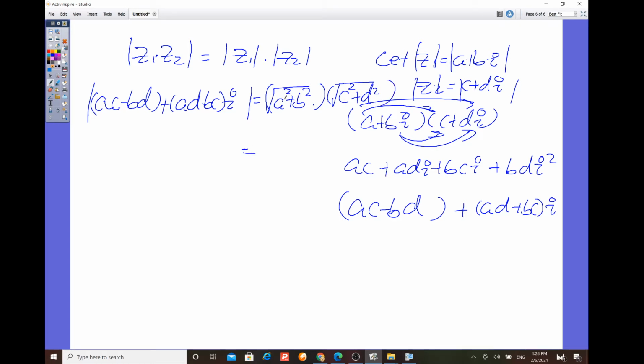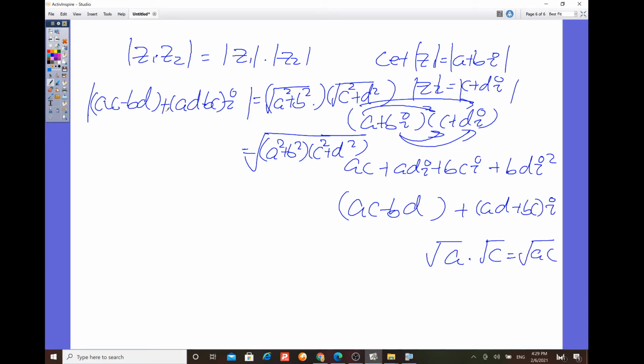It's two different radicals, so just multiply those quantities inside. So it's the radical of A squared plus B squared times C squared plus D squared. Using the radical property, square root of A times square root of C is square root of AC.